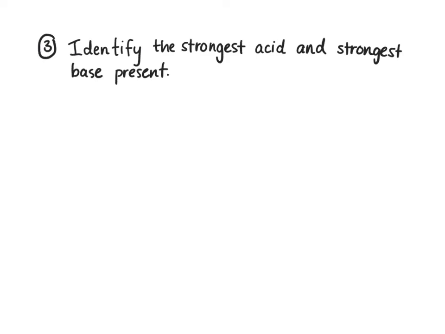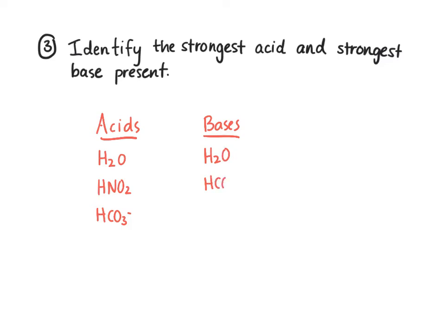Once we've identified our acids and bases, we're going to find our strongest acid and our strongest base present. So I'm just going to list one more time. Our acids include water, nitrous acid, and hydrogen carbonate. And our bases include water and hydrogen carbonate.